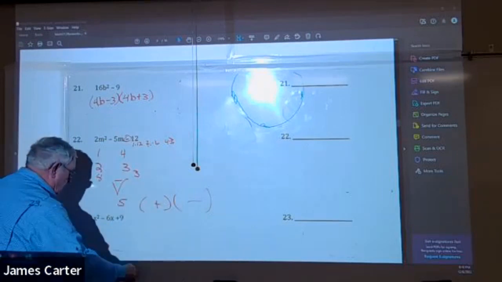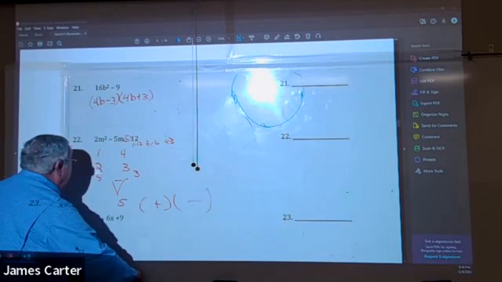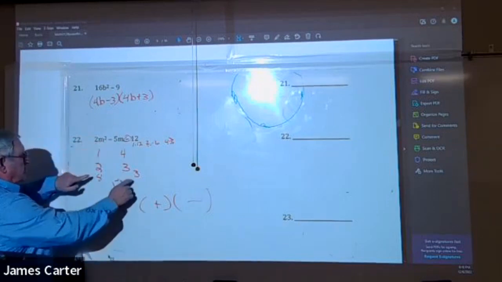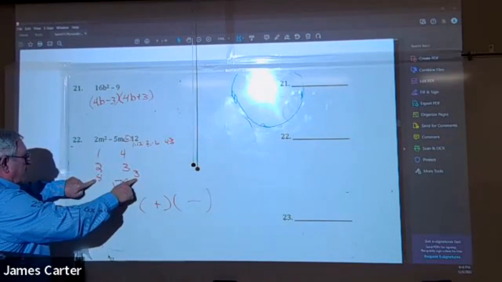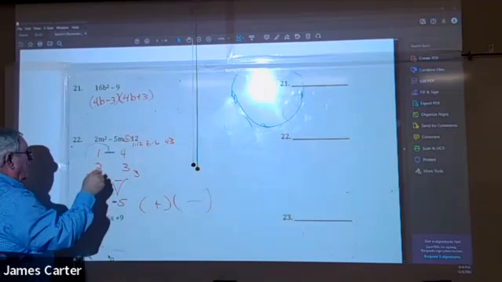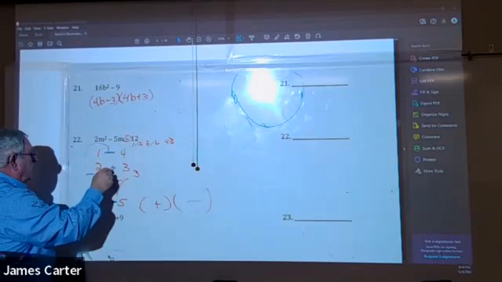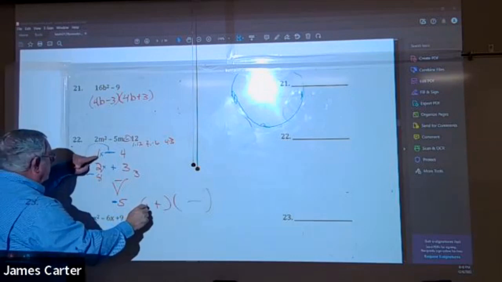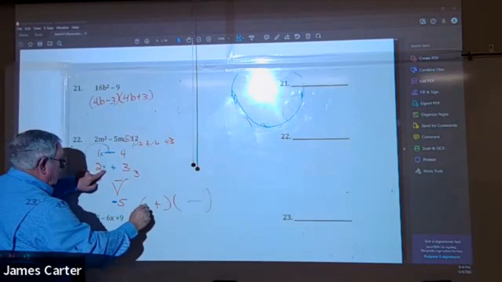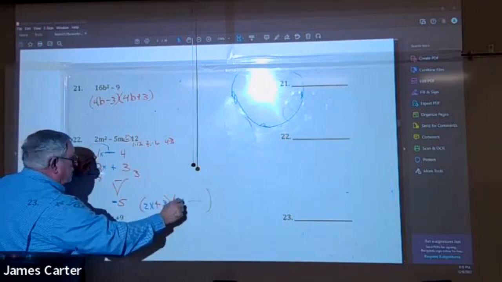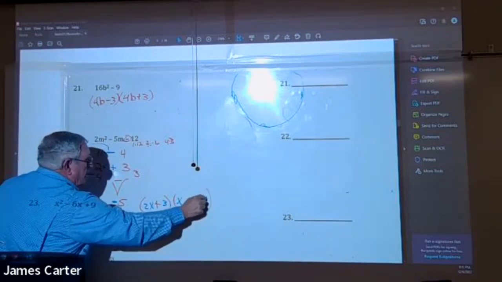Now, to determine which one goes with which sign, this 5 has to be negative. So the biggest of these two has to be negative, which comes up here. And this one comes there with a plus. So my answer then is 2x plus 3 and 1x minus 4.